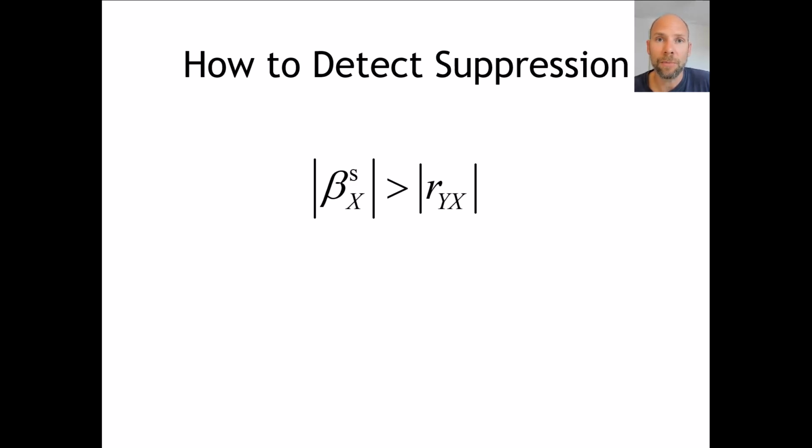Now, another thing to remember is that suppression does not only occur in regression analysis, it also can happen when you have a path model or a mediation model, or when you have a structural equation model. In structural equation models with latent variables, it is particularly likely because you correct for measurement error, and so you have even higher correlations between your variables, often because of the correction for attenuation that is built into the measurement model.